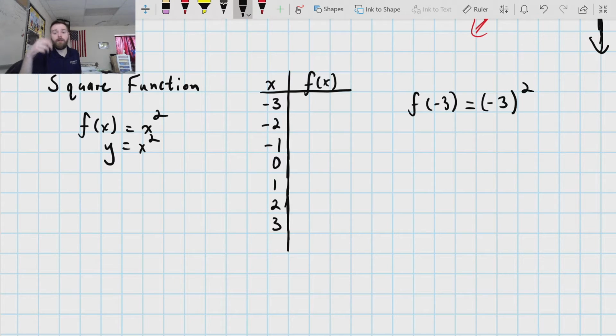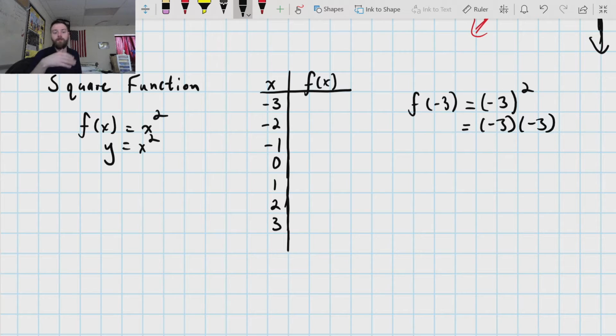Anytime you plug a number or substitute a number in for x for an even power, what you want to do is you want to make sure there's parentheses around it. And I want you to get in the habit of doing that in case you're kind of uncomfortable with this at first. So the reason is because whenever you're squaring a number, you're writing it twice. And so if I'm squaring -3, that means I'm writing -3 twice and multiplying it by itself.